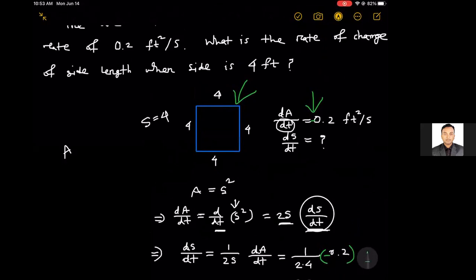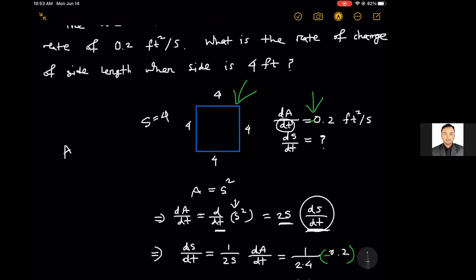Start with the formula which you think fits best using the information you have. Take the derivative. If you need to use the chain rule, make sure you use it, and then just do a little bit of algebra, and that should take you to your desired result.